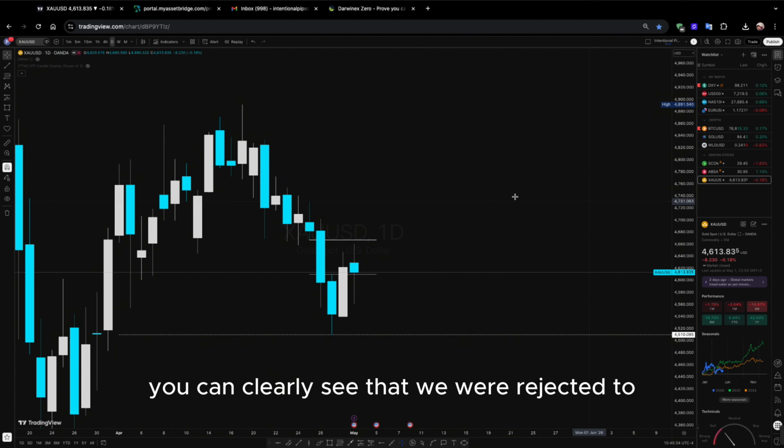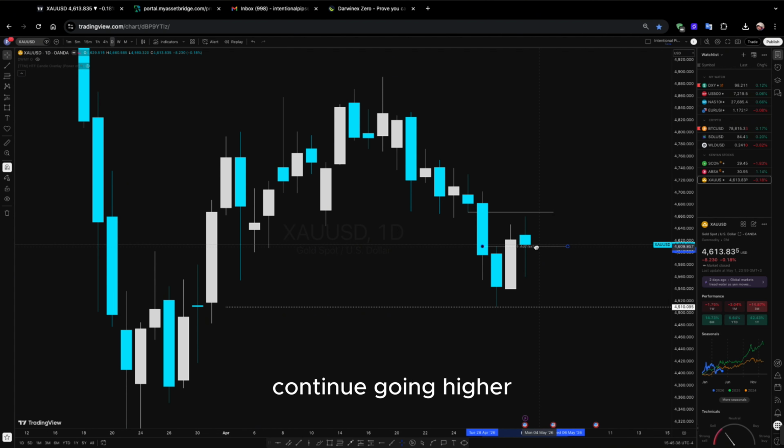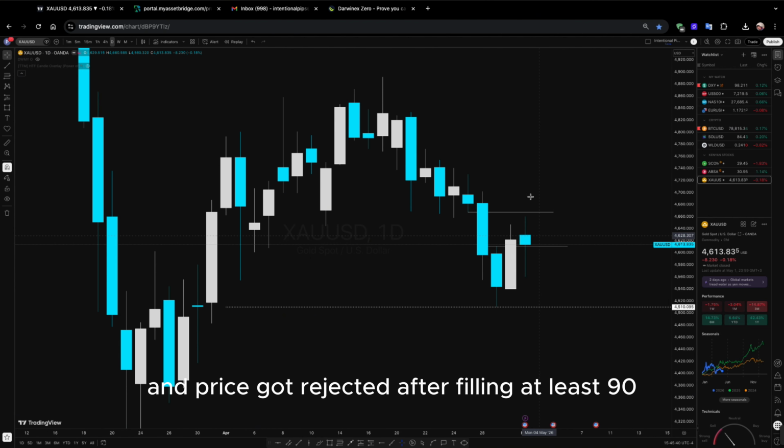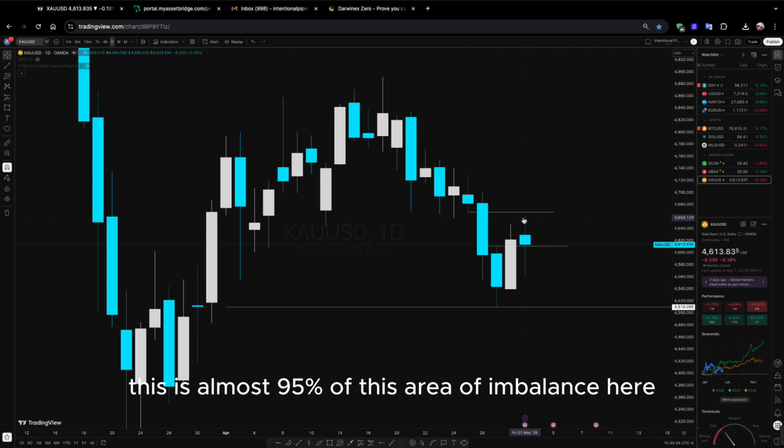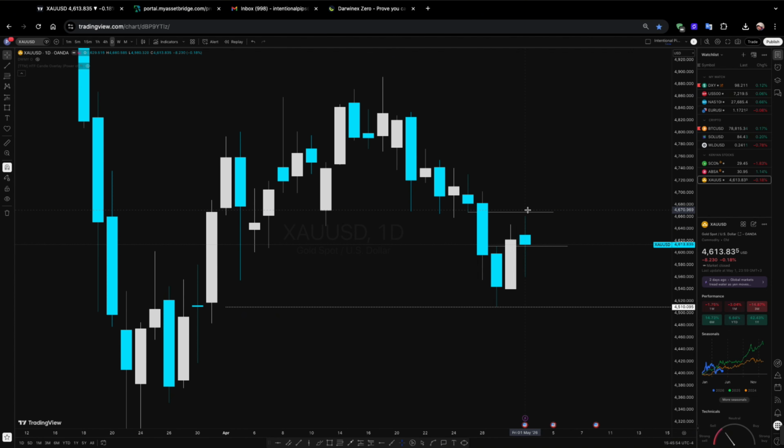You can clearly see that we were rejected from continuing higher, and price got rejected after filling at least 90, almost 95% of this area of imbalance here, which is a very strong indication that price is not interested in going higher.